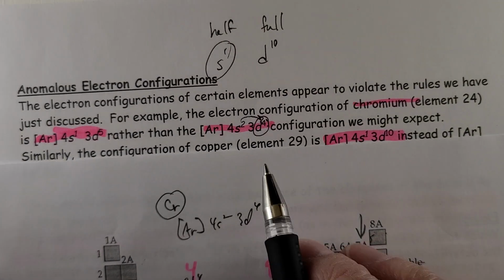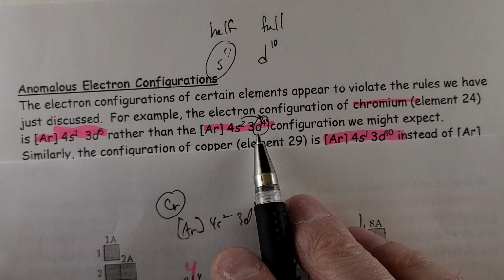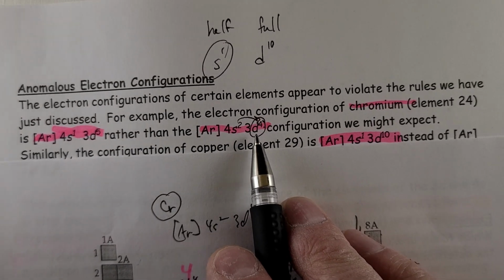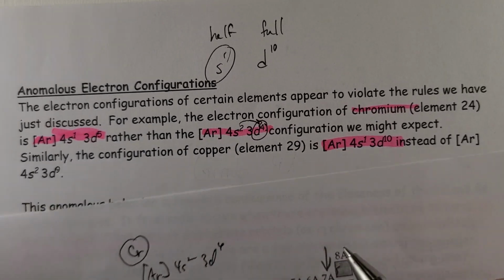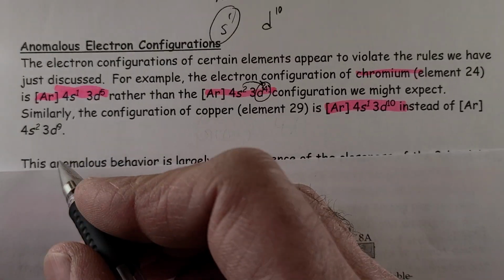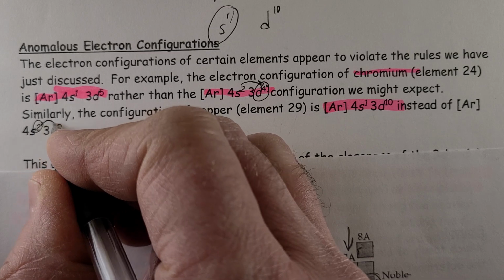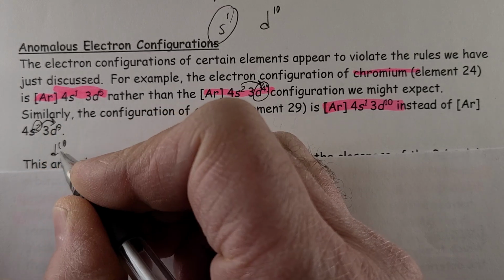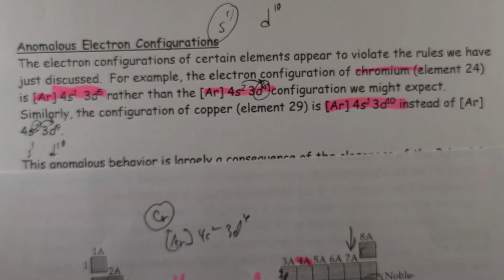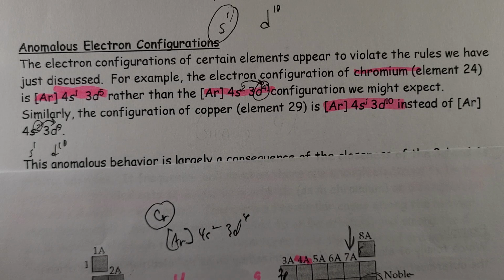That's more stable than having this fully filled and this 4/10 filled. And the same thing with copper. Rather than having 4s2, 3d9, take one from here, and you become a d10, completely full, and the s becomes half full. So if you can make a half-full and a full level, that will predominate.